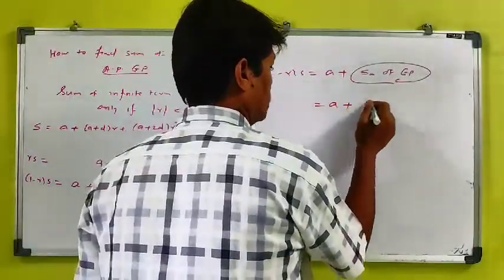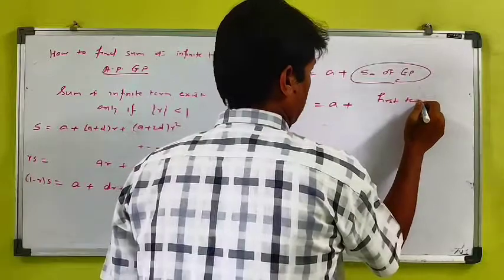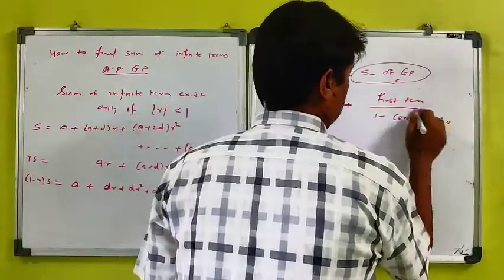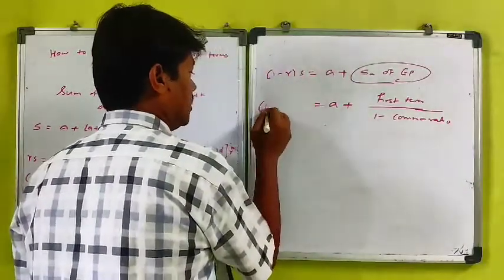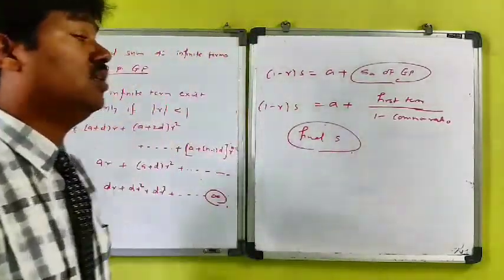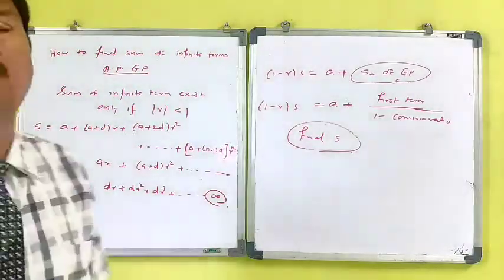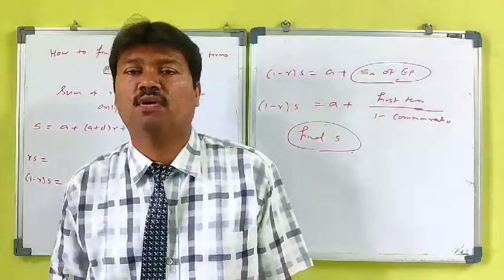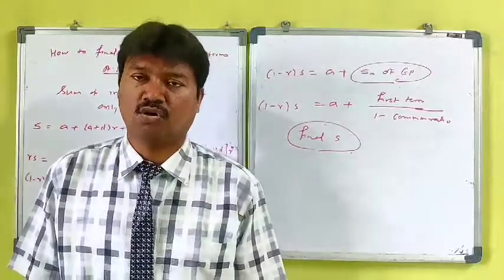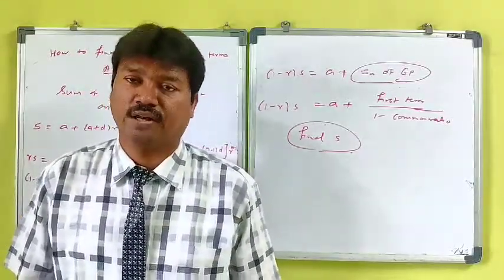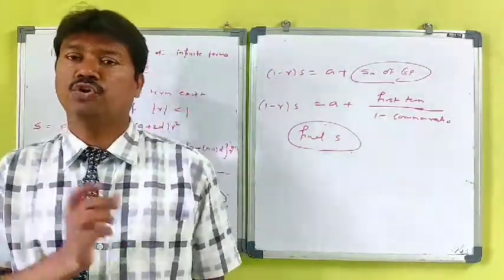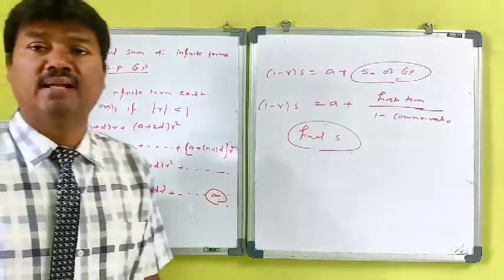Using this and then dividing by 1 minus r, you finally find s. This is the method you have to implement when there is a sum of infinite GPs or infinite terms of an arithmetic geometric progression.